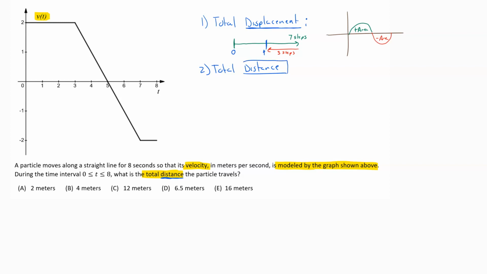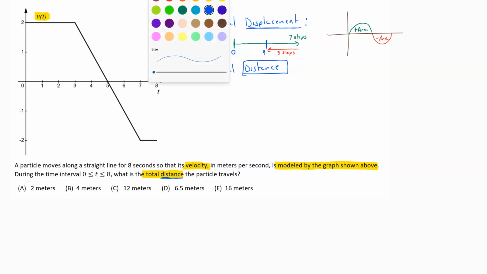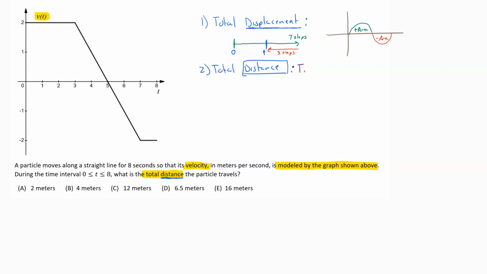However, when you are talking total distance, in that situation, you need to treat all area as positive. And so what that question is really asking you about is it's sort of saying, okay, if I started here at 0, if I take 7 steps forward and I take 3 steps backwards, the total distance I traveled was a total distance of 10 steps.